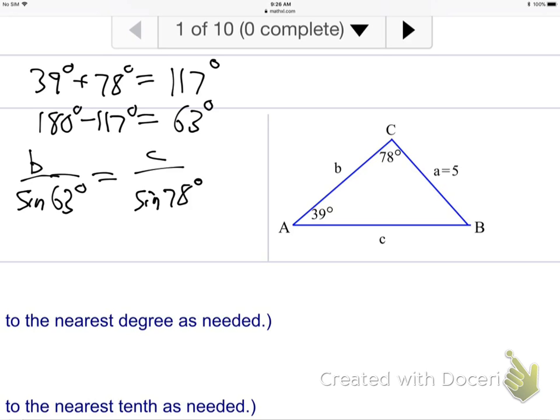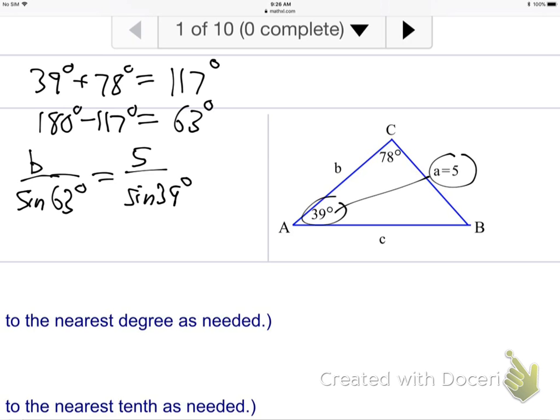I have two letters and I can't solve that. I need to have only one letter and everything else numbers. So that isn't going to be a good plan. I'm going to do the A instead, because those I know both of. So that'll be A, which is 5, over the sine of 39. There I know everything except one letter, and I can solve for that letter. Does that make sense?